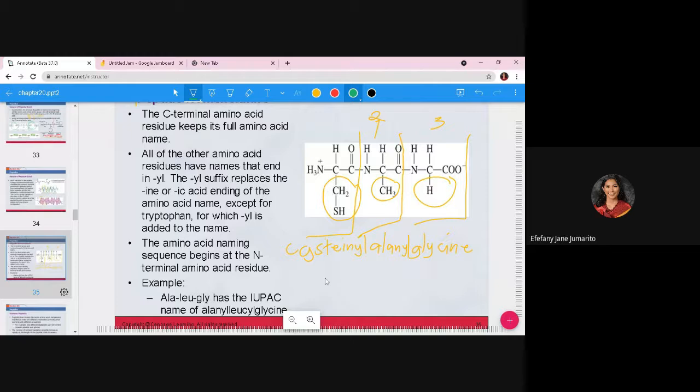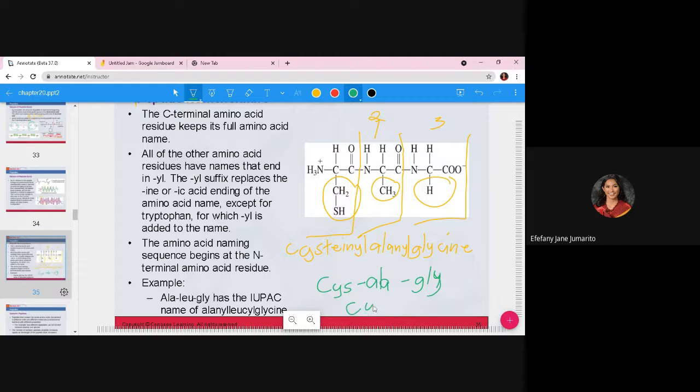The first amino acid is Cys, then the second is alanyl, Ala, then Gly. So Cys-Ala-Gly means the sequence is cysteine, alanine, and then glycine.